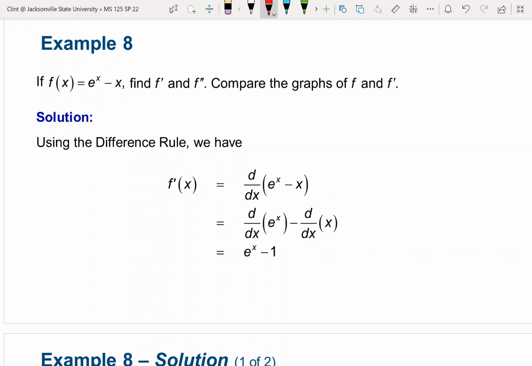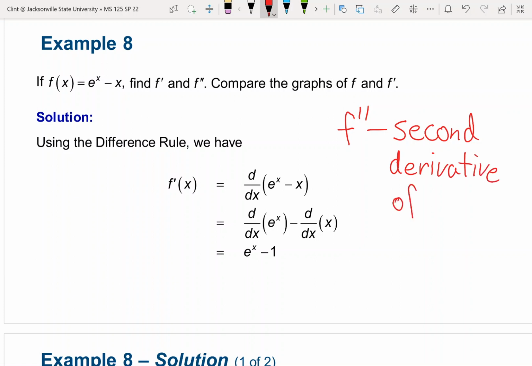This thing with 2 tick marks, okay, is called the second derivative of f. It's not bad.